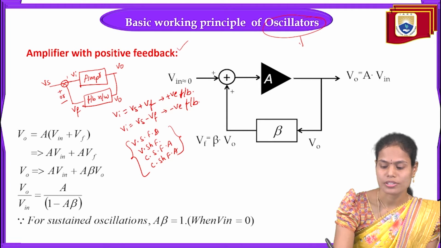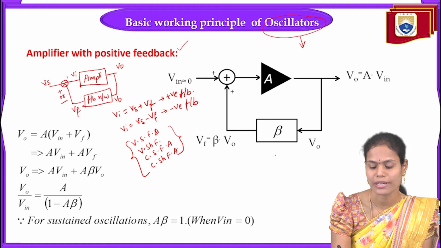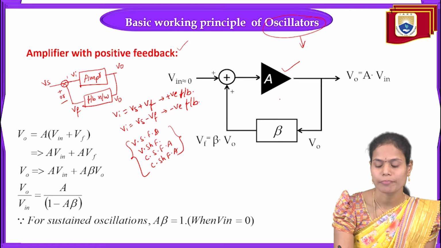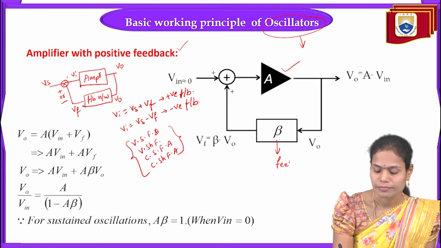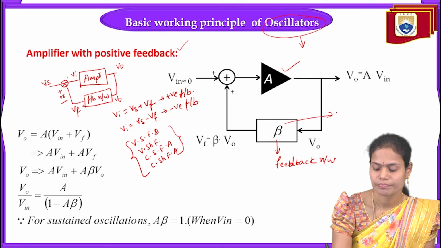So while coming to the oscillator circuit, I have already mentioned oscillator is the positive feedback circuit. This is the amplifier I am indicating with A, and this is the feedback network. This beta is the feedback ratio here.